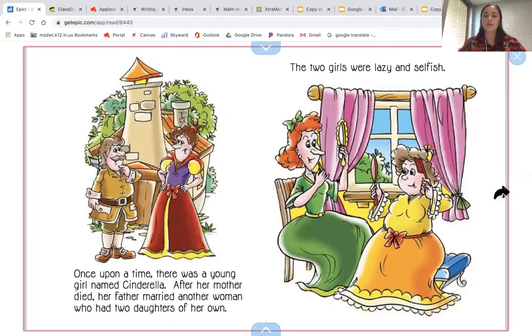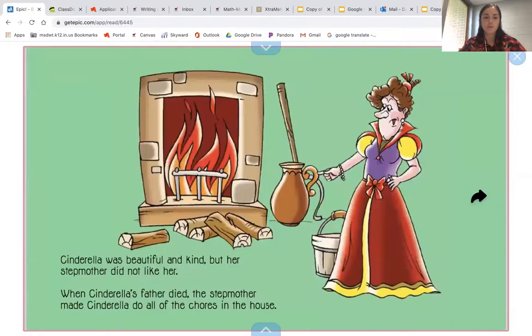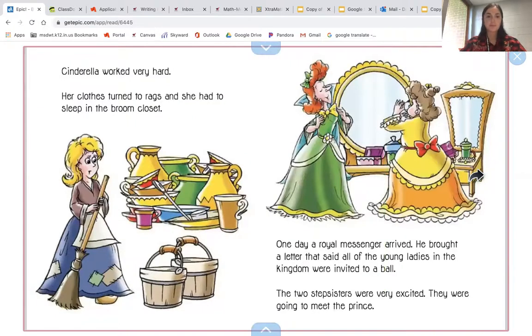The two girls were lazy and selfish. Cinderella was kind and beautiful, but her stepmother did not like her. When Cinderella's father died, the stepmother made Cinderella do all the chores in the house. Cinderella worked very hard. Her clothes turned to rags and she had to sleep in the broom closet.